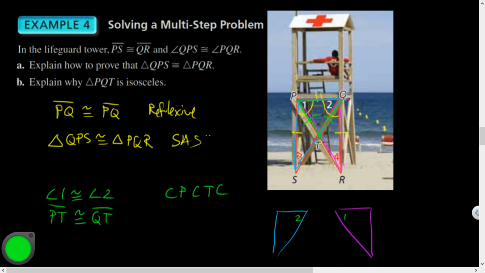How do I know that? Yeah, converse of the base angles theorem, which I just called back. And because two sides are congruent, then I could say triangle PQT is isosceles. By definition of isosceles, I guess, is good enough for me.